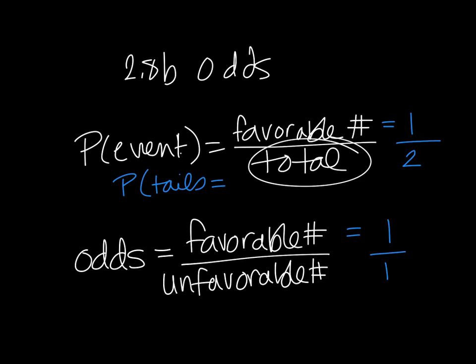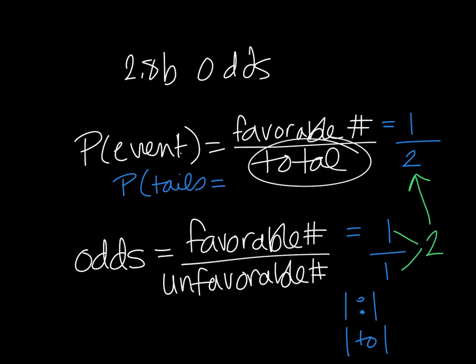So it's 1-to-1. Normally we write odds as 1-to-1, or we write the actual word. And what you'll see is these two always add up to the total. So you need to be very, very careful about that.